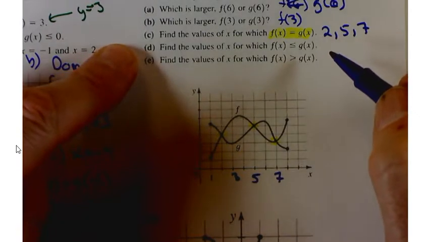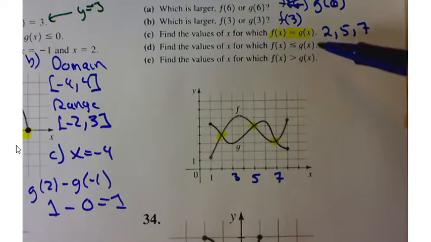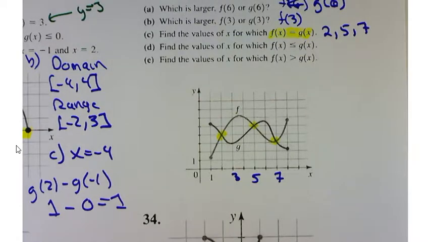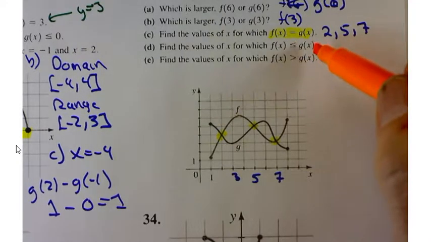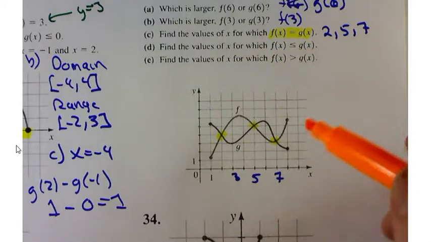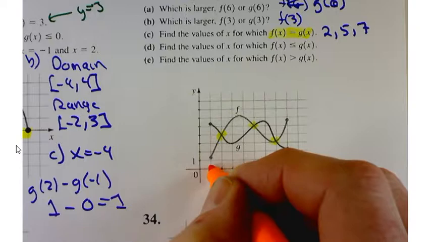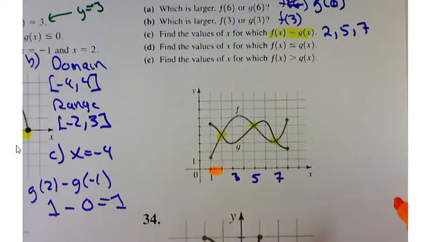Part D asks us to find the values for which f of x is greater than or equal to g of x. So that's going to be some intervals in and around 2, 5, and 7. So I want g of x to be greater than or equal to f of x. So that's going to be in this little interval right here, between 1 and 2.